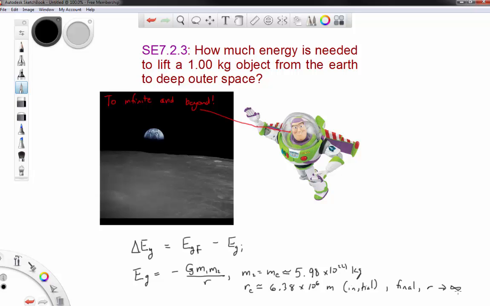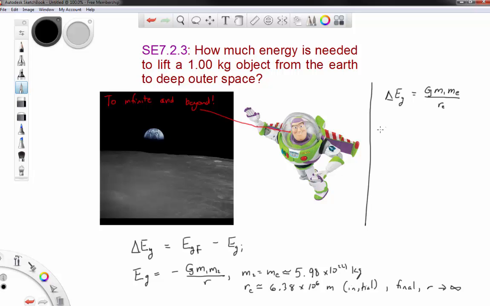So if the radius is infinite, then this whole thing becomes 0. So that basically means that the change in energy is just going to be equal to G m1 me over re. So this is going to be what the change in potential energy for the entire system looks like.